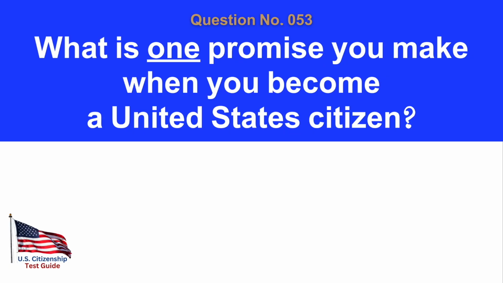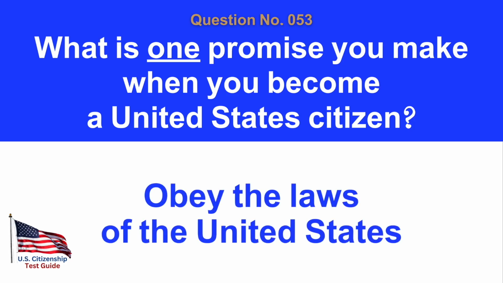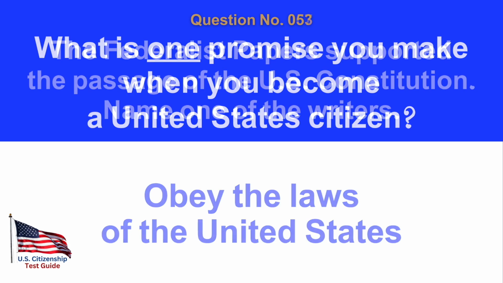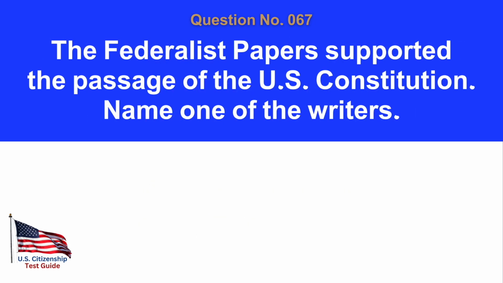What is one promise you make when you become a United States citizen? Obey the laws of the United States. The Federalist Papers supported the passage of the U.S. Constitution.